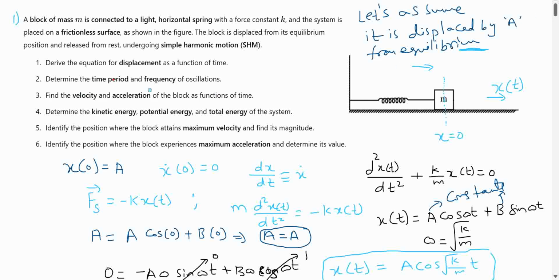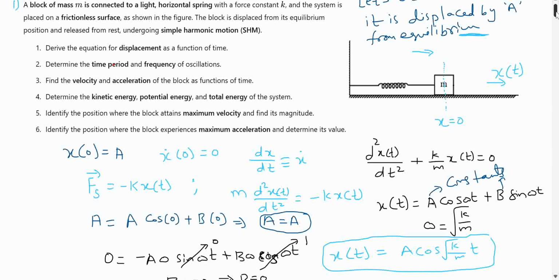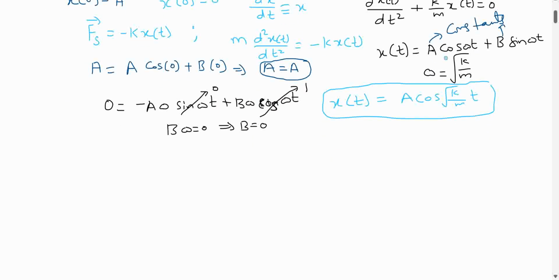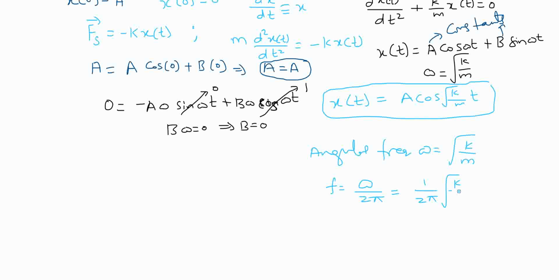Next, we have to determine the time period and frequency of oscillations. Here we got the angular frequency omega equal to under root k by m. Then frequency will be omega by 2 pi, which is 1 by 2 pi under root k by m.